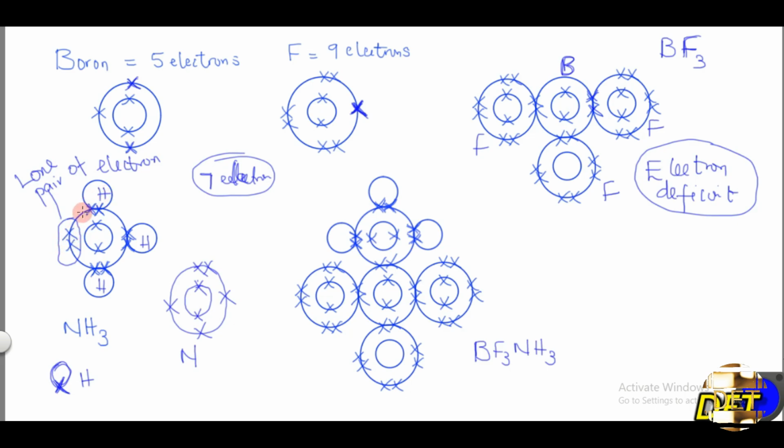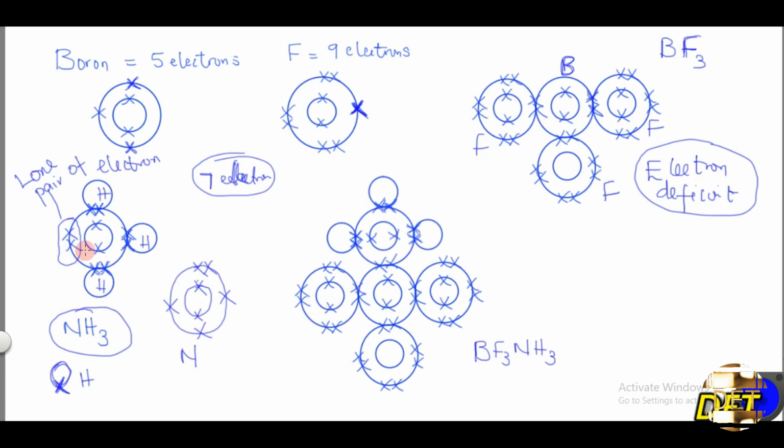It is not bonded to hydrogen, right? So this compound is electron sufficient. Ammonia is electron sufficient. You can see this octet state. There are 8 electrons here in this atom's shell. 1, 2, 3, 4, 5, 6, 7, 8. 8 electrons. So boron trifluoride is electron deficient because it does not contain 8, right?